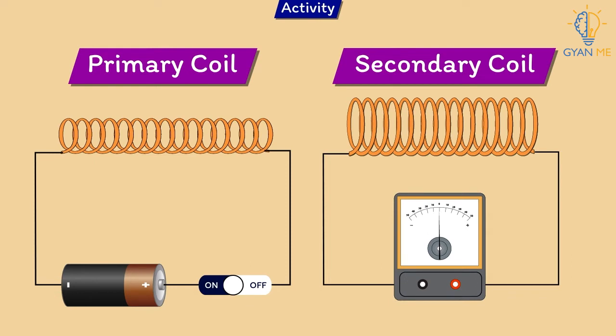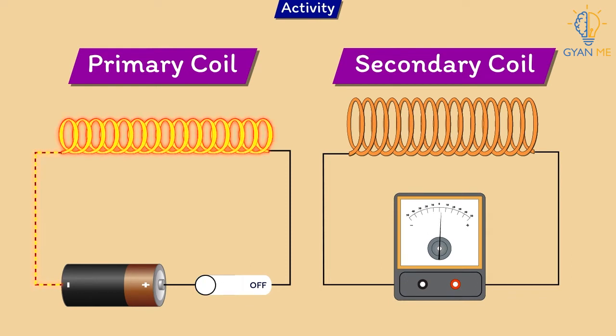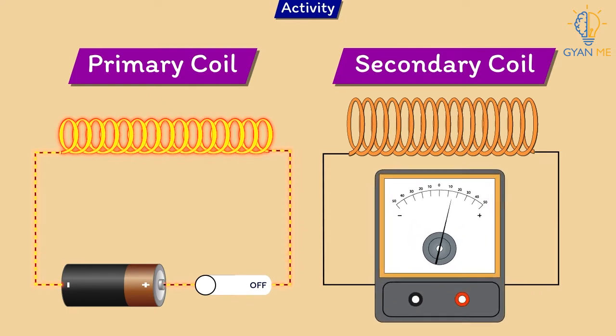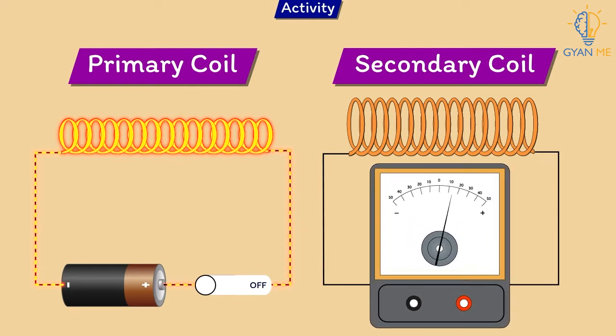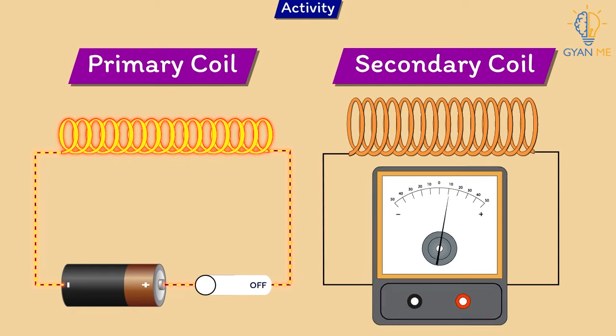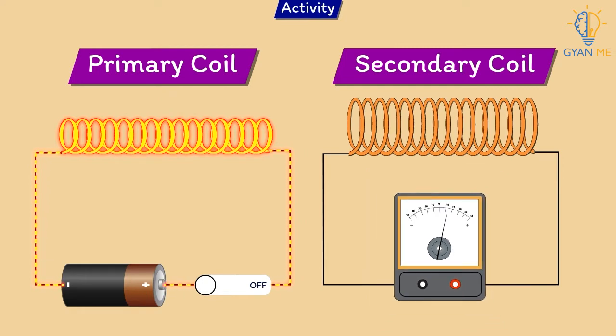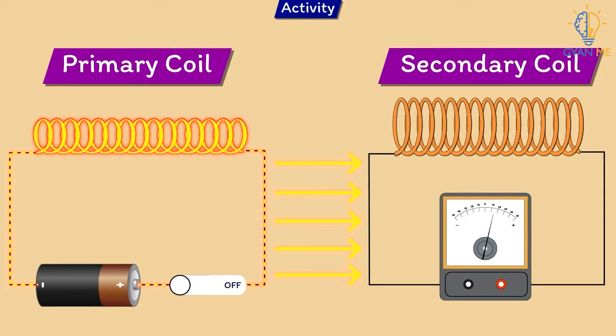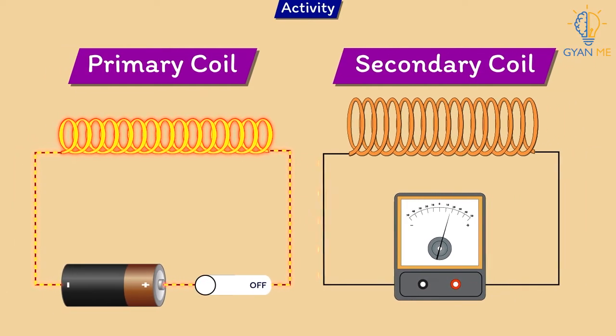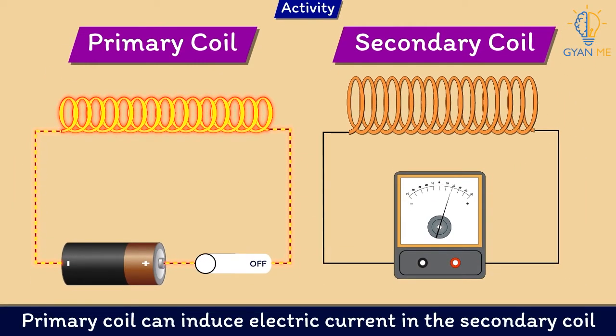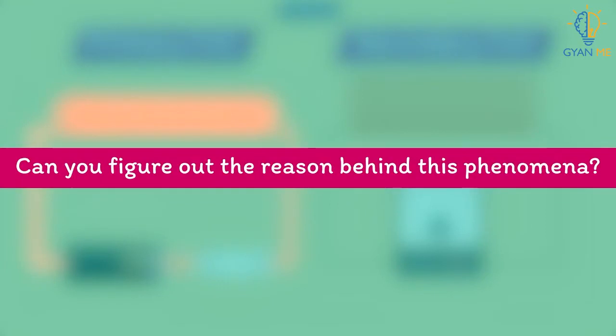Now when we switch on the current in the primary coil, we can observe that the galvanometer connected to the secondary coil shows some deflection. This shows that a current is induced in the secondary coil. So we say that a primary coil can induce electric current in the secondary coil. Can you figure out the reason behind this phenomenon?